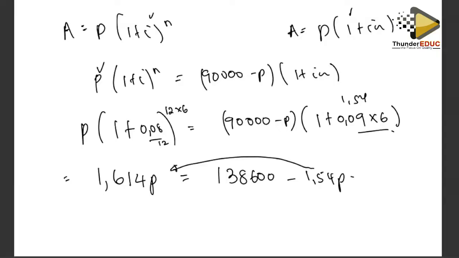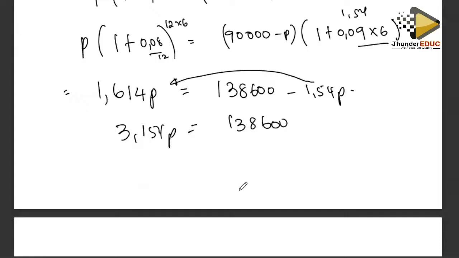So 1.54 plus 1.614 gives me 3.154P equals 138,600. Then I'm going to divide both sides by 3.154.